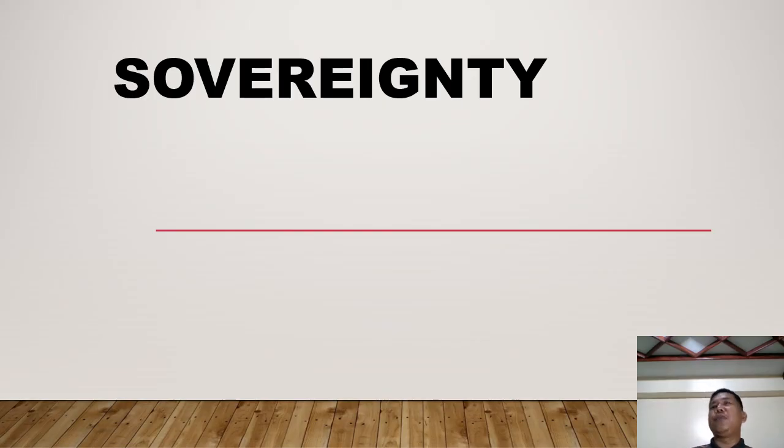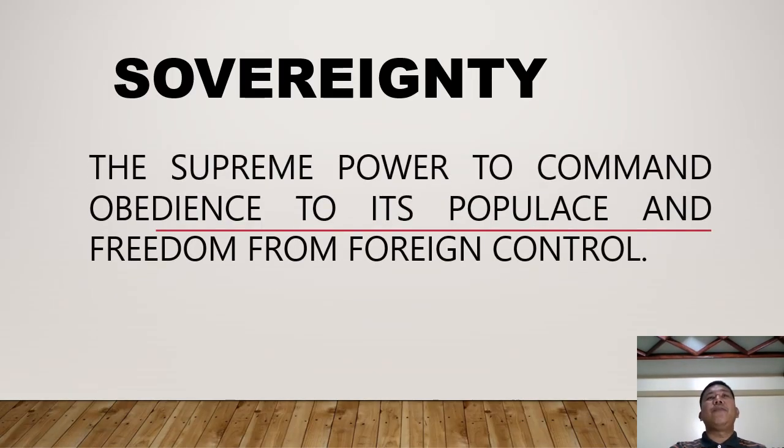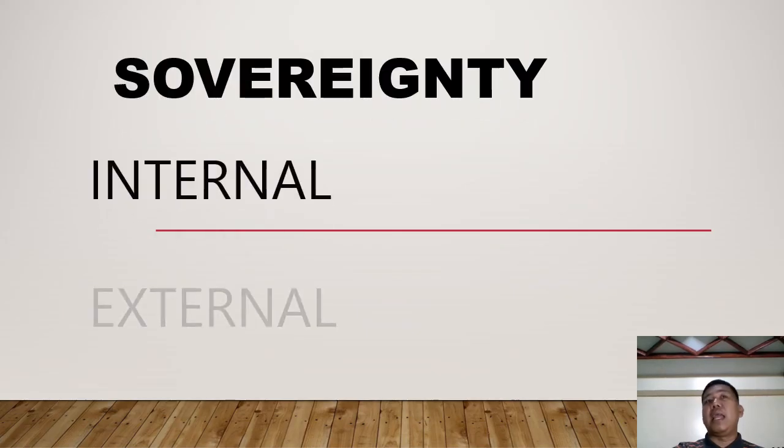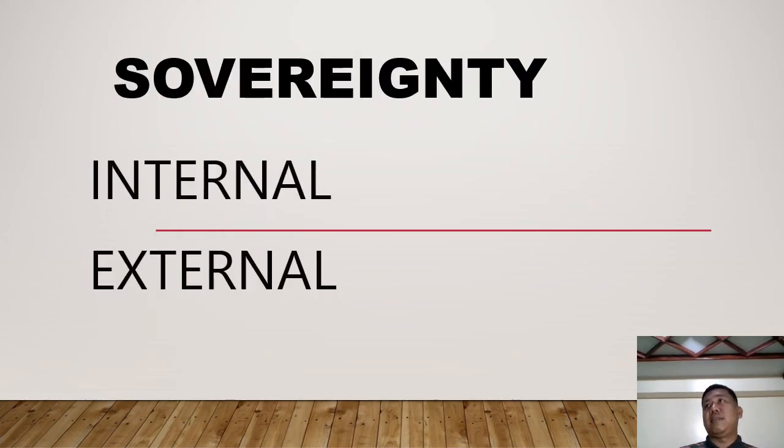Then let's move to the fourth element of the state, which is sovereignty. What is sovereignty? Sovereignty is the supreme power to command obedience from its populace and freedom from foreign control. As you can see, in the definition of sovereignty, there are two kinds: one is internal and the other is external.